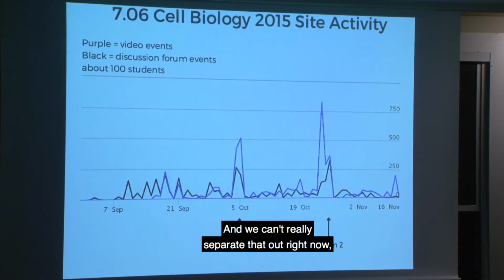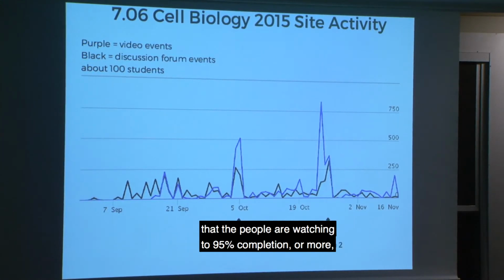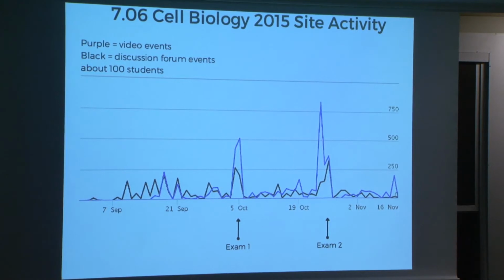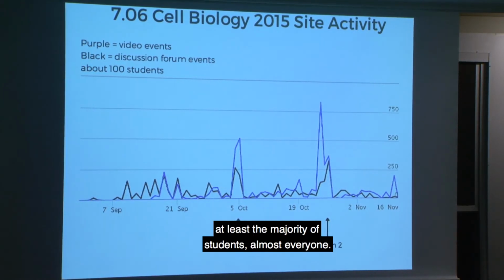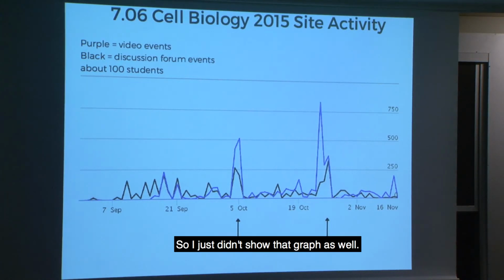We can't really separate that out right now, but we do know from other information that the majority of students, almost everyone, 80, 90 students, are watching to 95% completion or more. So I just didn't show that graph as well.